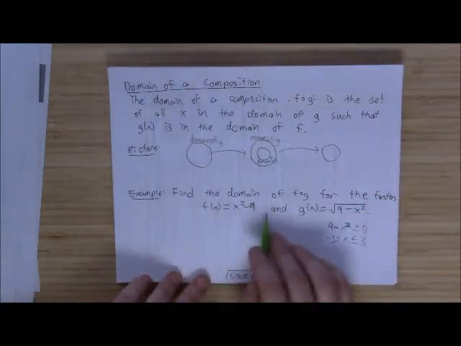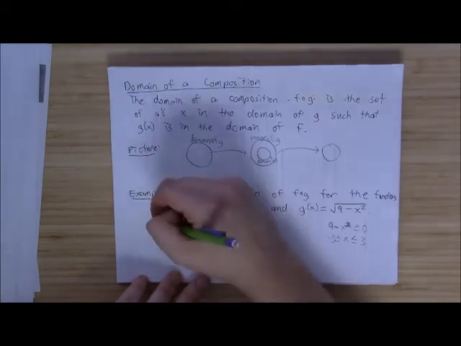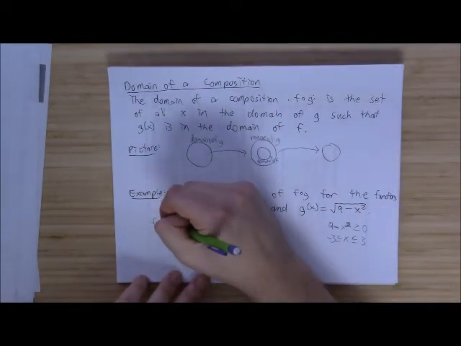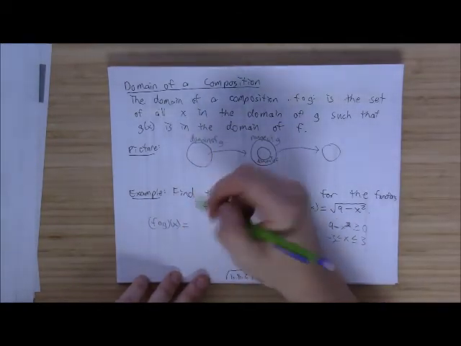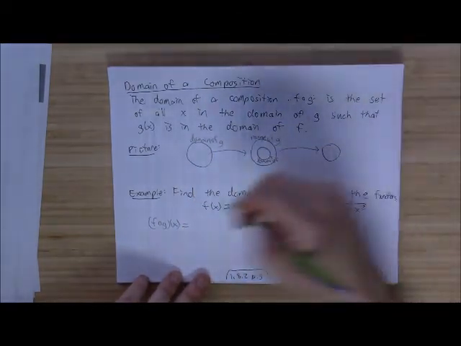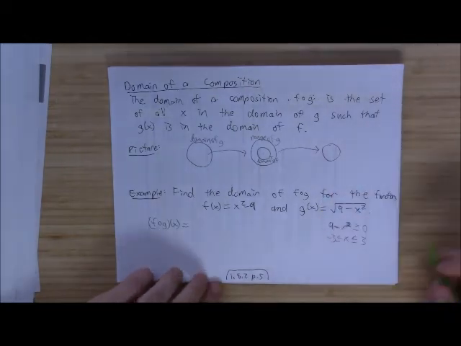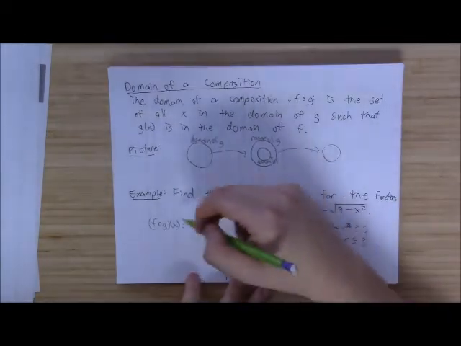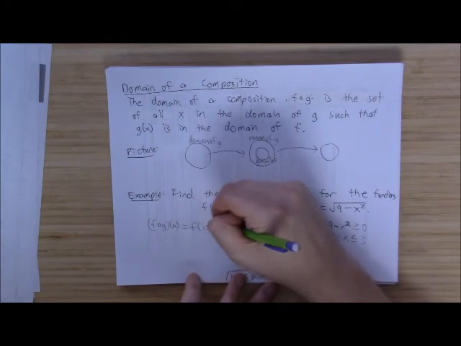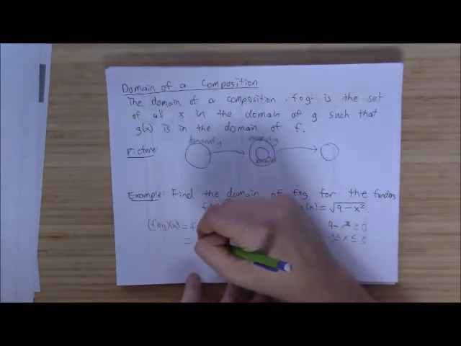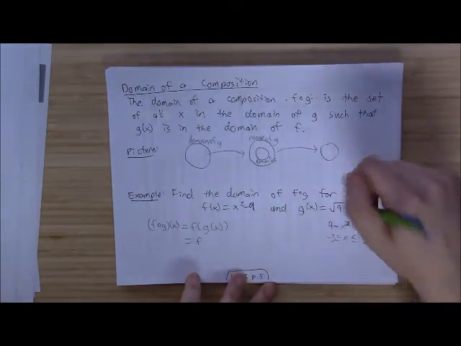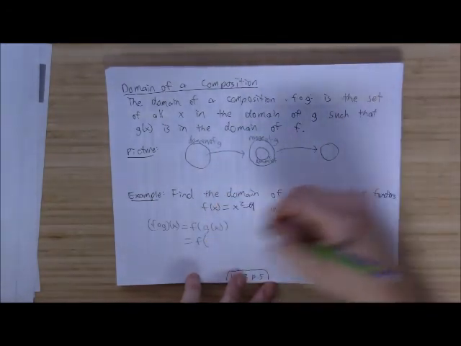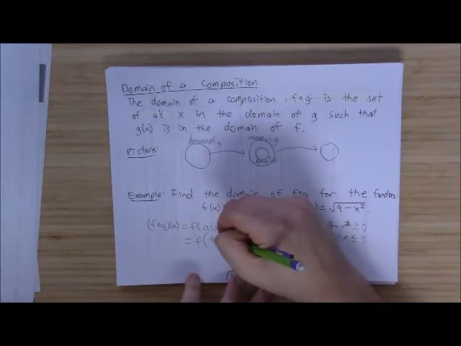Good. So in other words, if we go through and actually calculate this out, we would see f composed with g of x equals f of g of x. So it's interesting because when we do that, we end up with f of the square root of 9 minus x squared.